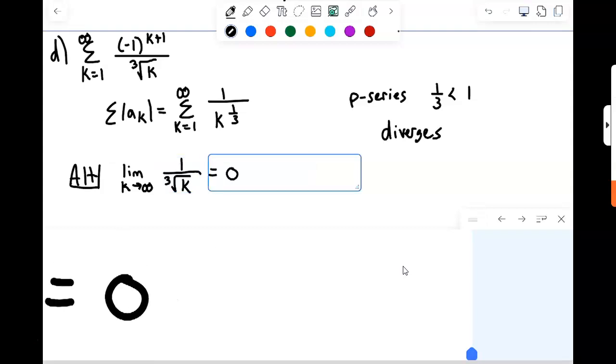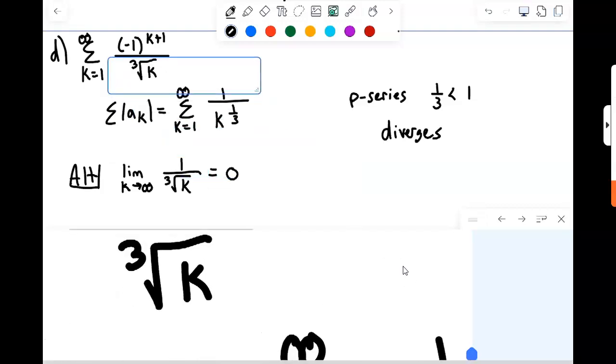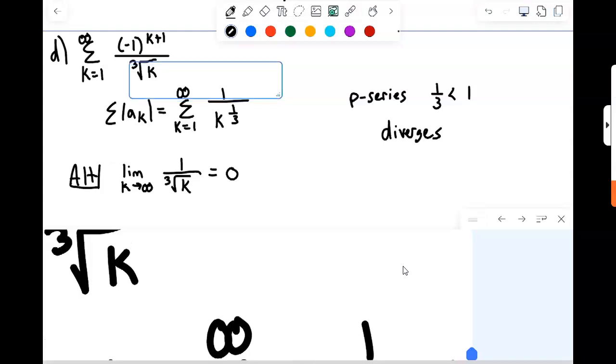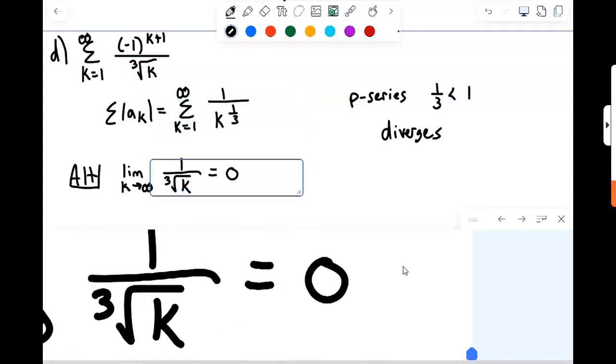There are a few other quick questions we want to ask ourselves. Of course, our terms are positive when we're looking at that 1 over the cube root of k. And the other thing is we can see that that is definitely a decreasing sequence. Right? It's not increasing because as k gets bigger, the cube root of k is going to also get bigger, and as the denominator gets bigger, the result gets smaller.